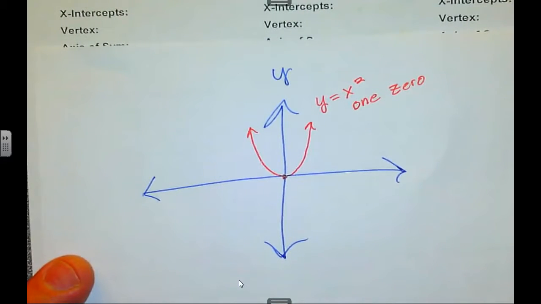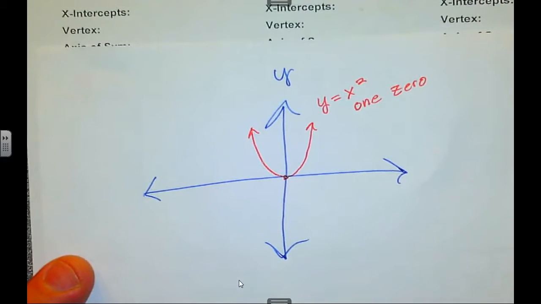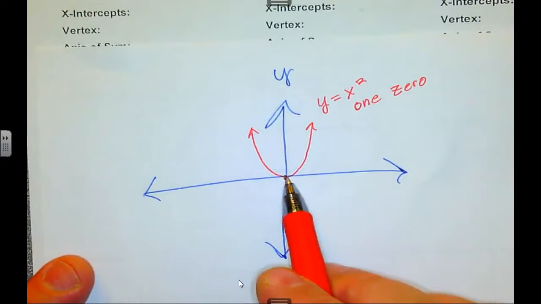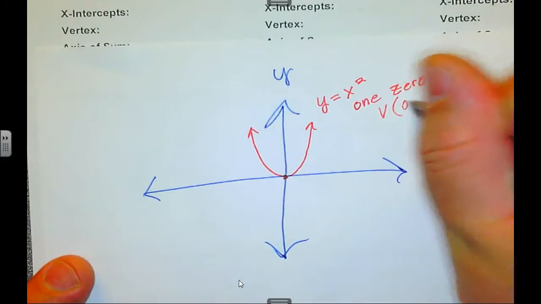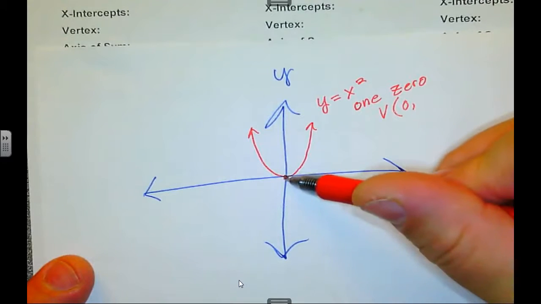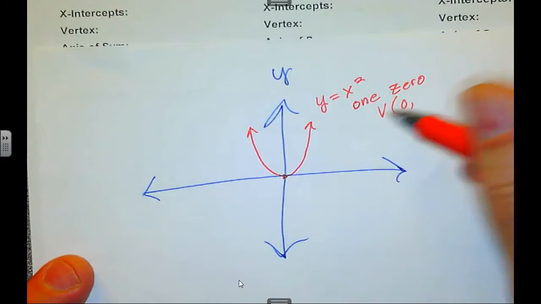There's so many different words for it. Solutions, zeros. I use roots. They all mean the same thing, where it crosses the x-axis. Now, it crosses my x-axis when my x equals 0. What's the y value? 0. Okay.